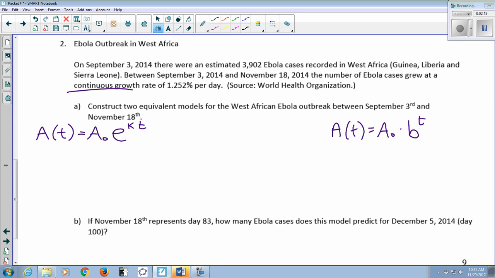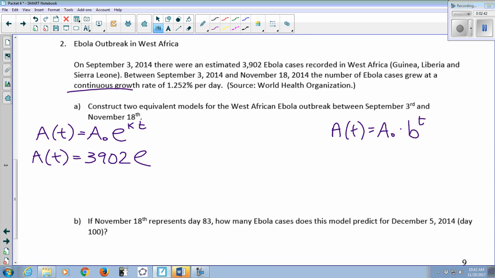Okay, so we've got the continuous growth rate. Construct two equivalent models for the outbreak between September 3rd and November 18th. All right, so my initial amount is 3,902. My continuous growth rate is 1.252%.